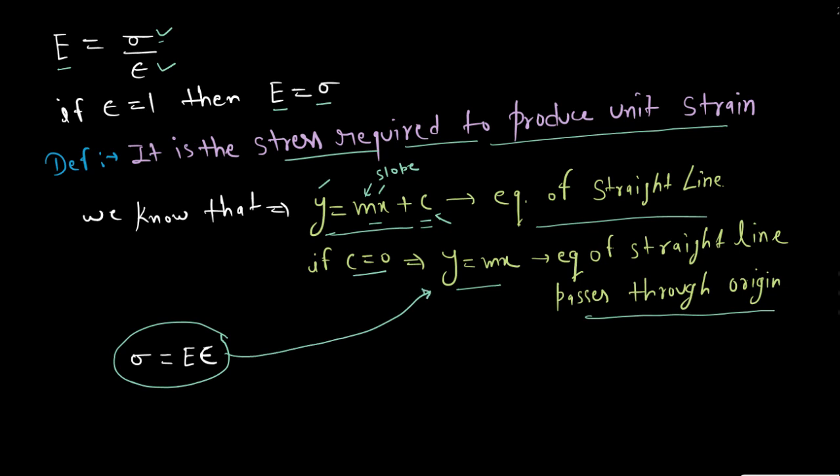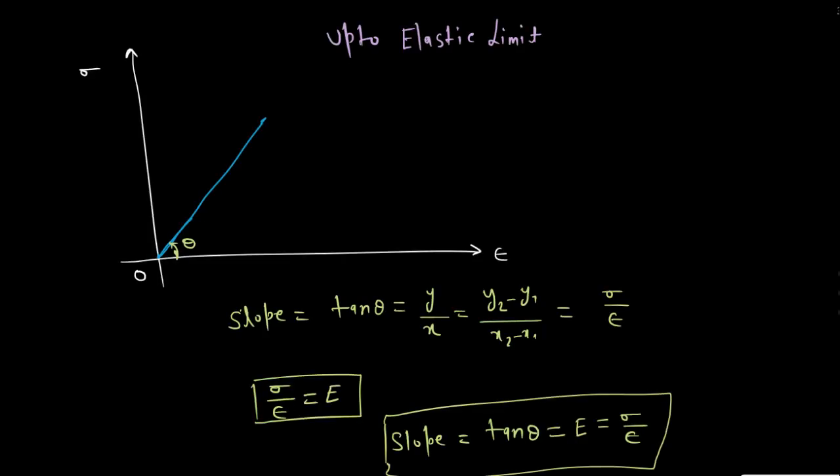So if I plot epsilon on the x-axis and sigma on the y-axis, then we would have a linear relation between sigma and epsilon up to the elastic limit.